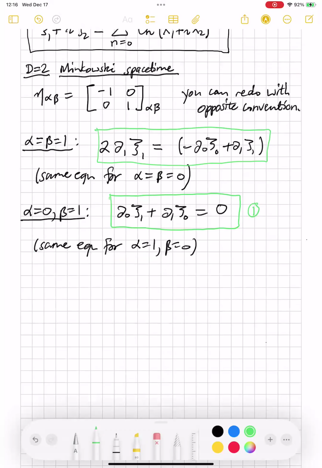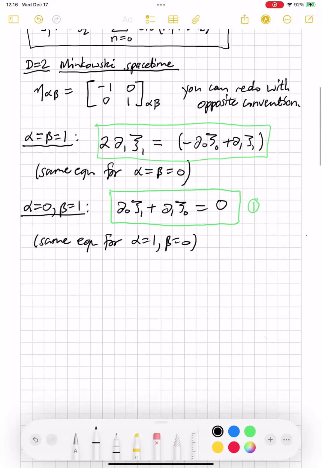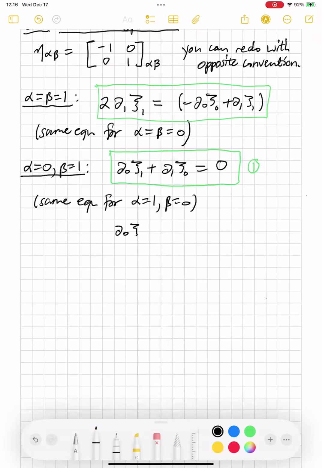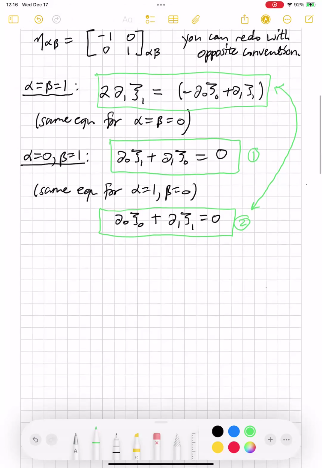So bringing across d naught zeta naught, it changes sign. So we've got d naught zeta naught, and then we would have plus 2 d1 zeta 1. But we've got a d1 zeta 1 that when we bring across becomes negative. So we just get d naught zeta naught minus d1 zeta 1 is equal to 0. And that's the second equation, equation number 2. And those two are the same. Good.